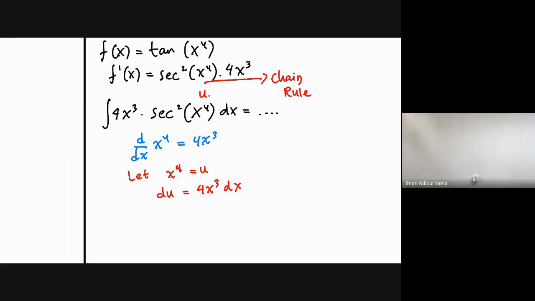Now, if you want to change this form, we have x, x, x, right? Let's change these x into u. So x to the 4 is u, and du is 4x cubed dx. So dx is du over 4x cubed. Let's put dx here, and then this 4x cubed will cancel, right?